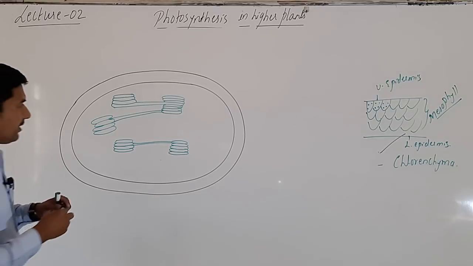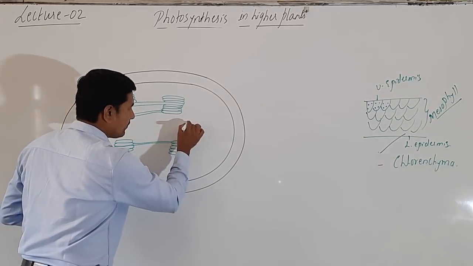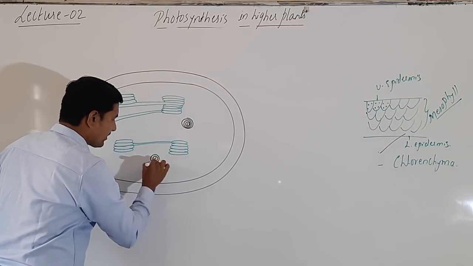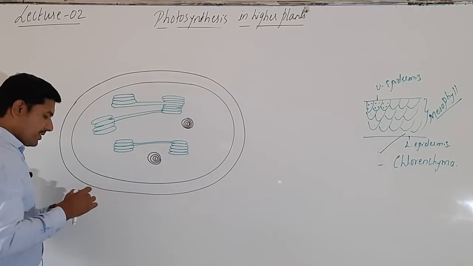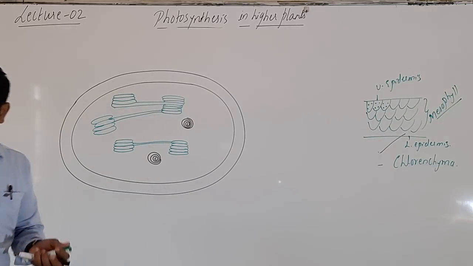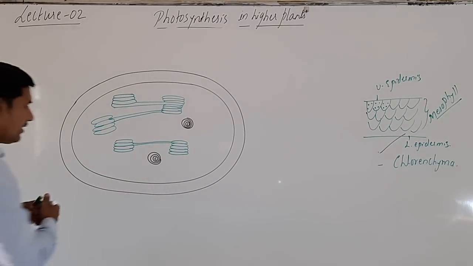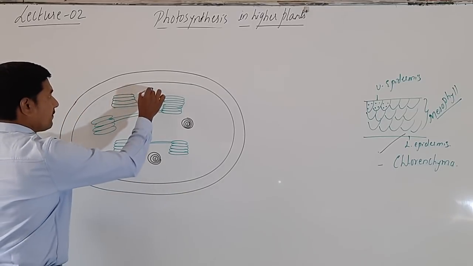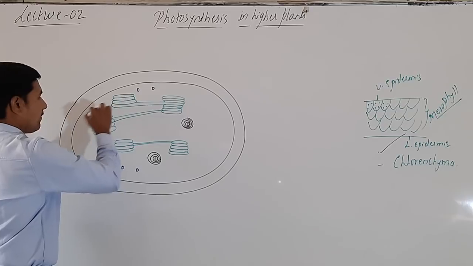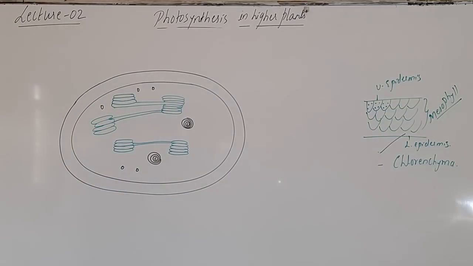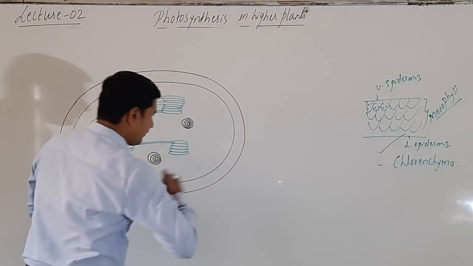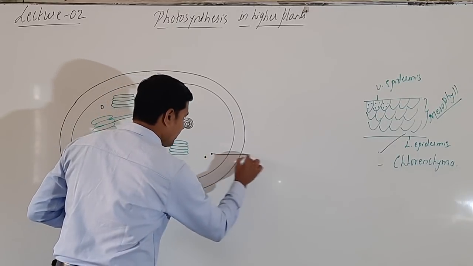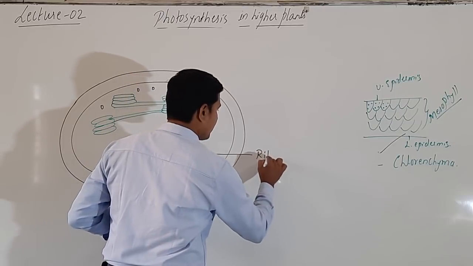And in between we have certain granular structures which we call starch granules, and certain lipid droplets, certain ribosomes are also there. These are the ribosomes.